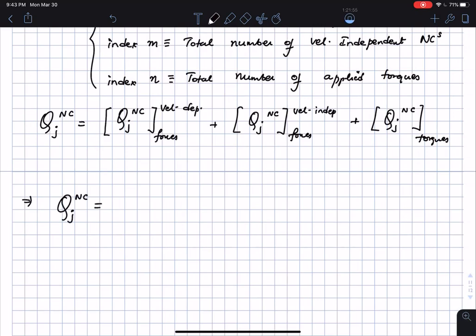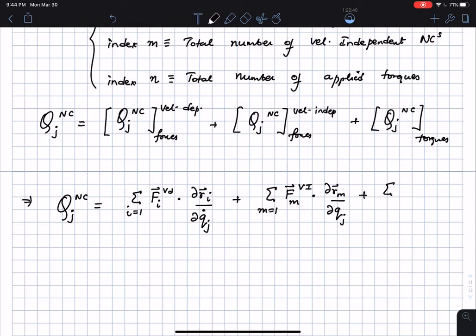Qj non-conservative is going to be, first of all, summation I equal to 1 to whatever number, F_I velocity dependent dotted with dr_I by dqj dot, plus summation m equal to 1 to whatever, F_m velocity independent dotted with dr_m by dqj, and then lastly the torques, n equal to 1 to whatever, this is going to be M_n dotted with d omega_n by dqj dot.